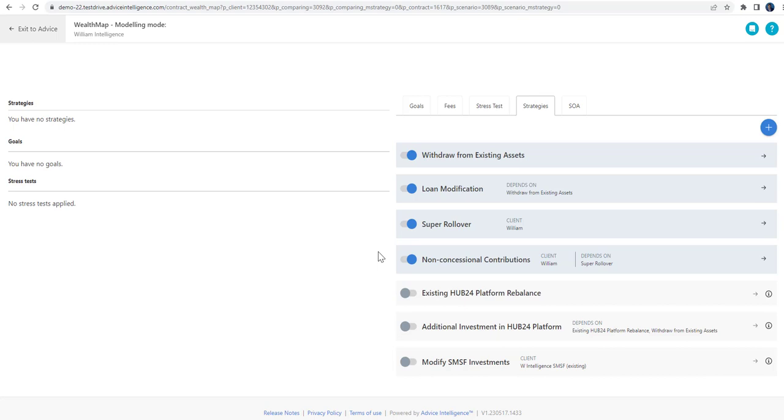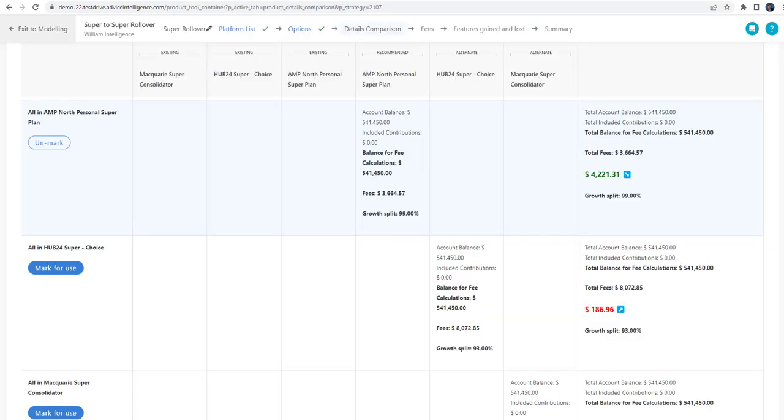By rolling everything into one platform, what this does for him is that he is going to save about $4,000 every year. So what we're doing here is we're rolling everything, so everything in Macquarie, everything in Hub24 into his AMP North personal super plan, and his total fees will now be 3,600.